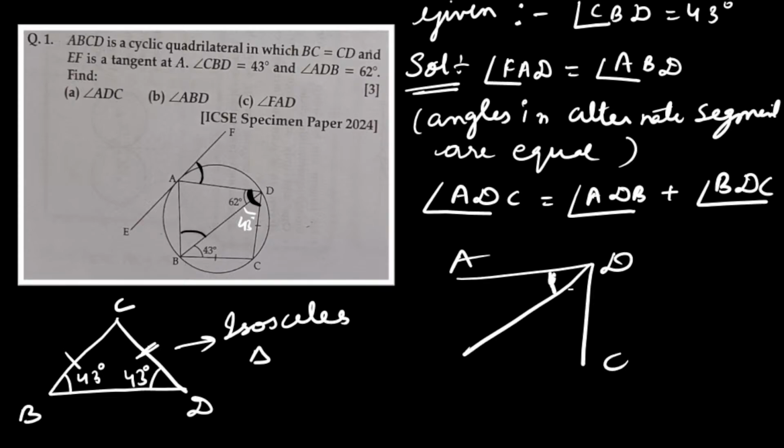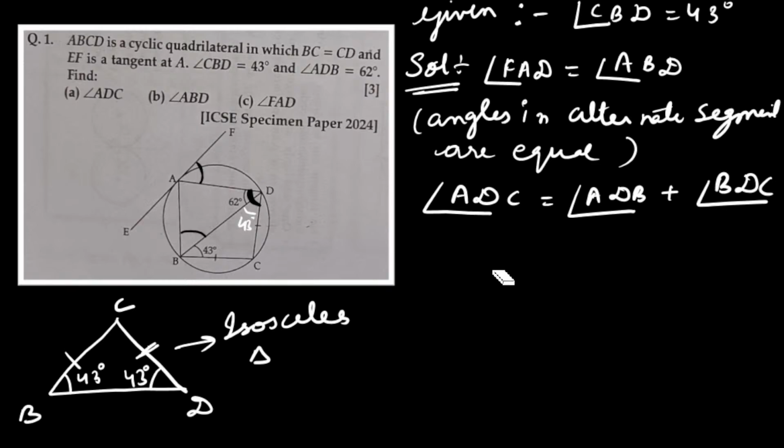If I add this angle and this angle, this is 62 degree and this is 43 degree, I'll be getting the total angle here. So ADB is 62 degree plus 43 degree. If we add these two, we'll get 105 degree. So as the answer given by Aditya also, angle ADC is equals to 105.